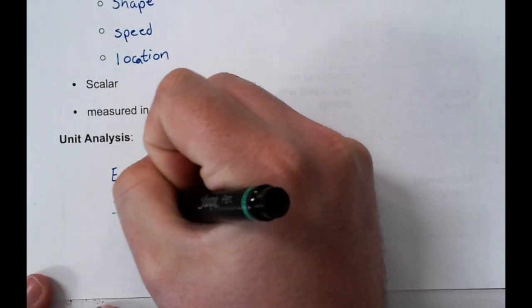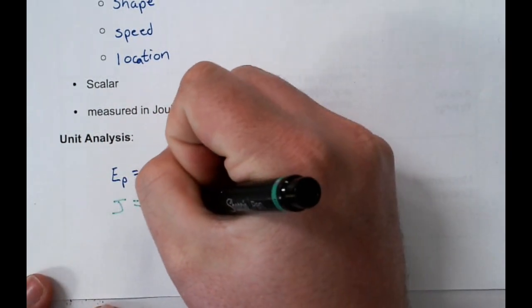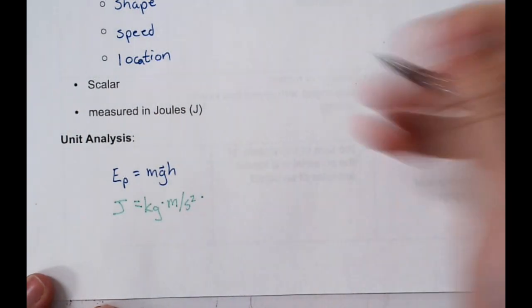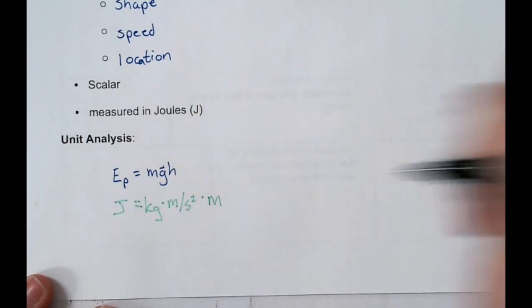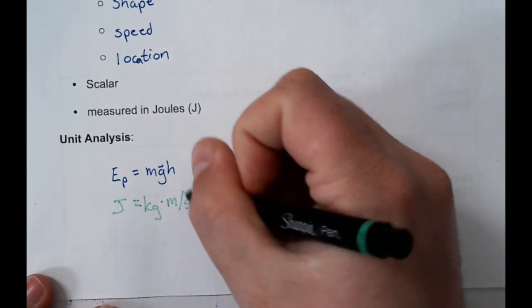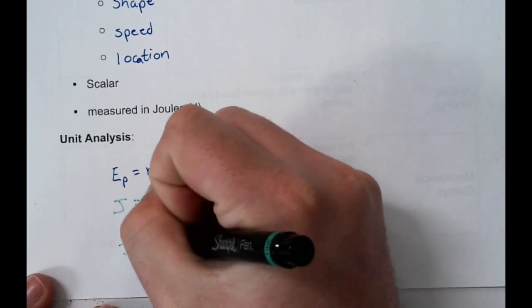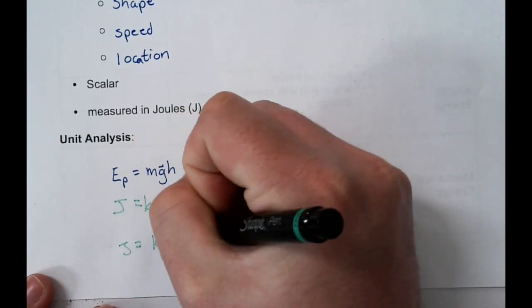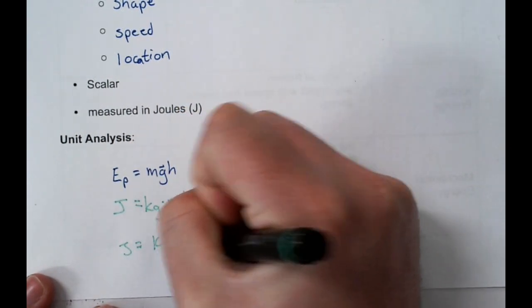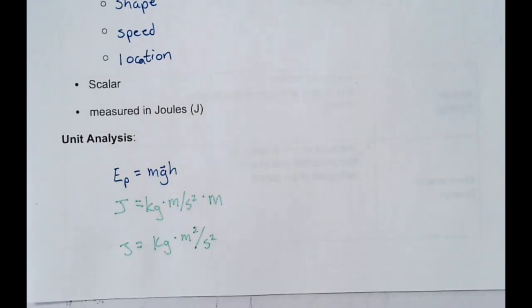Mass, we measure in kilograms. Acceleration due to gravity is measured in meters per second squared. And the h means height. Height is measured in meters. So when you combine this all together, joules are equal to kilograms times meters squared per second squared.